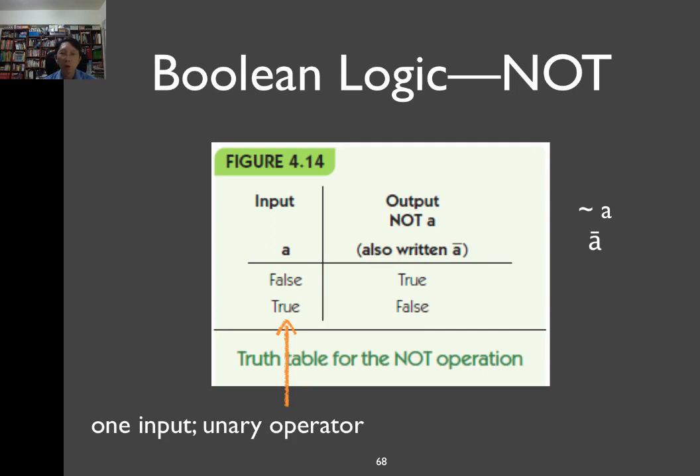第三种 The third Boolean logic is NOT. This only requires one input and we have one output. It gives the opposite of the input.